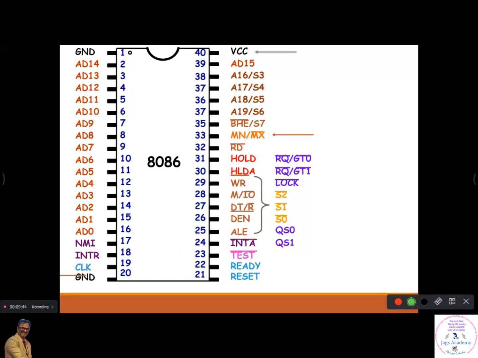We have also briefly told you about some signals, read signal, write signal and so on. Other than that, we don't know anything about the real hardware concept of the microprocessor.